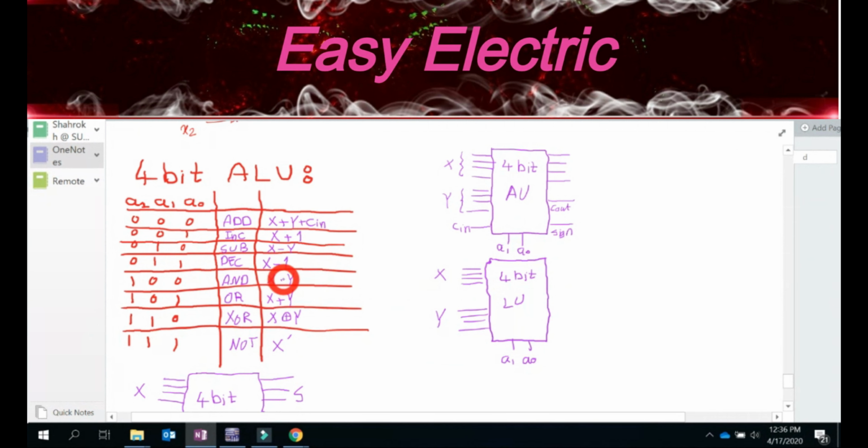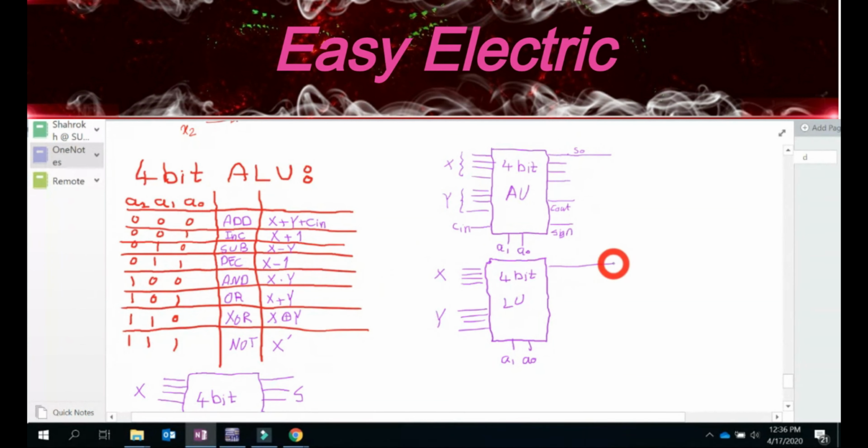So whenever you have A1 and A0 both 0, 0, definitely this S produces X plus Y plus C in, and you have this as S0 here. This is the same thing: if A1, A0 are again 0, 0, you have AND.